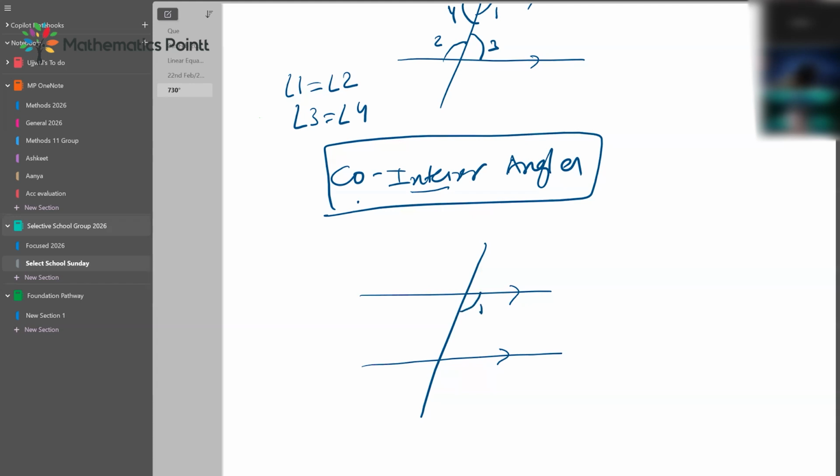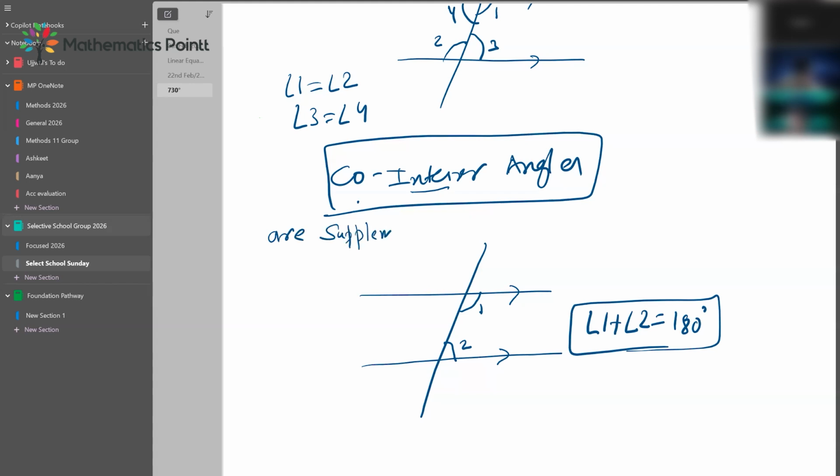So angle 1 and angle 2: angle 1 plus angle 2 is 180 degrees. So the theorem says co-interior angles are supplementary. Supplementary means they add up to 180 degrees. That's what it means. Co-interior angles are supplementary.